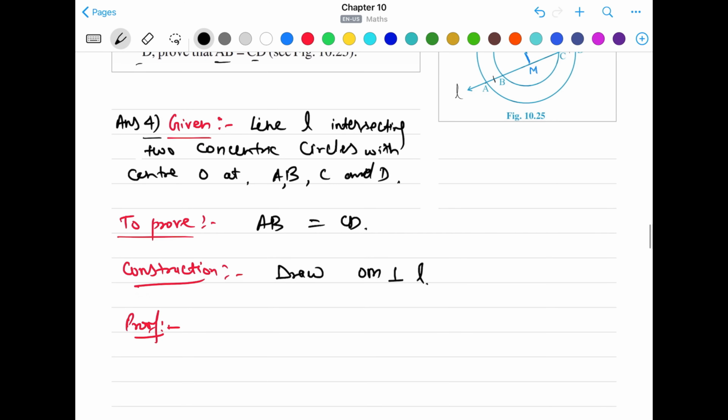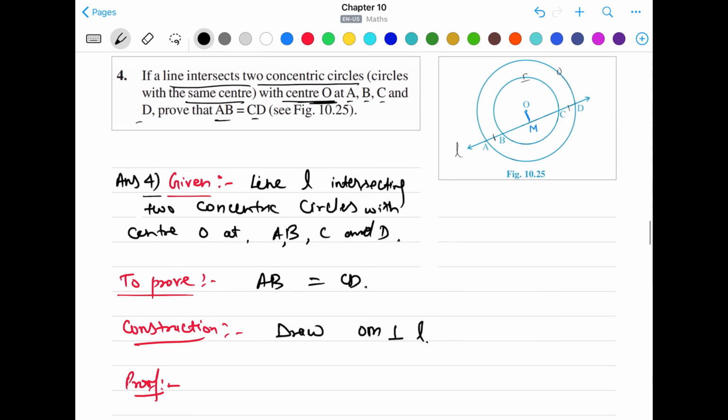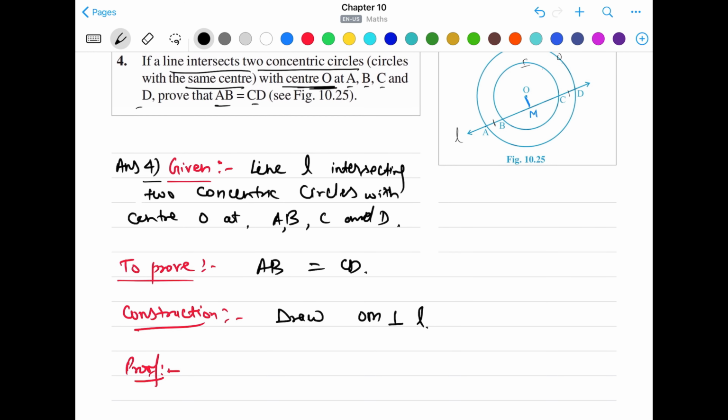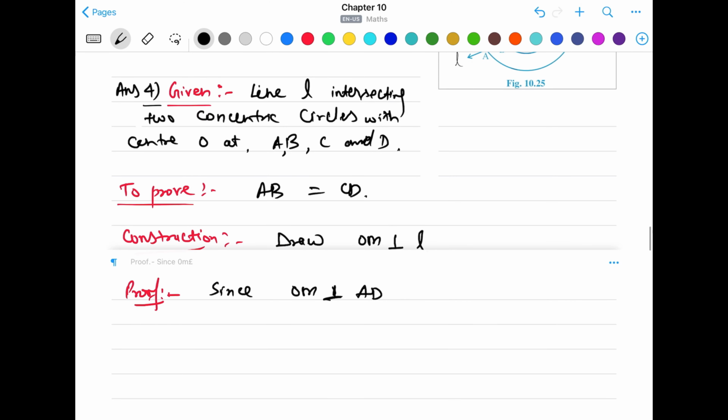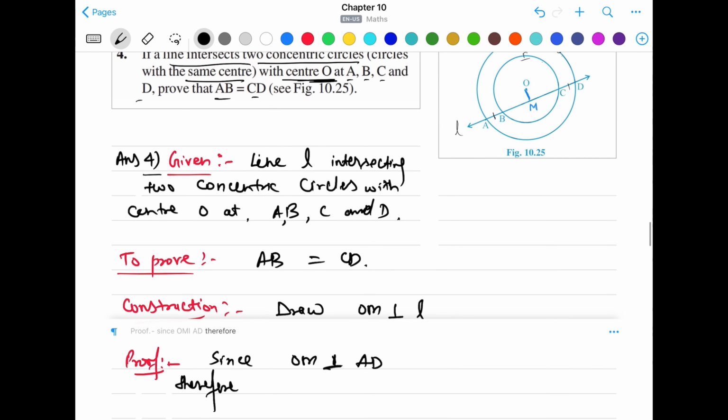Proof is we have this OM perpendicular on the line, or you can say chord AD. Since OM is perpendicular on AD, therefore we have AM is equal to MD.